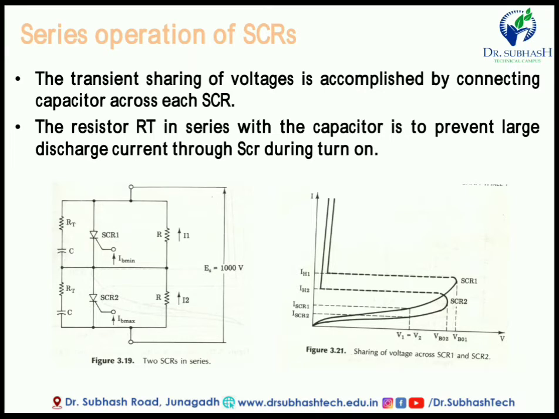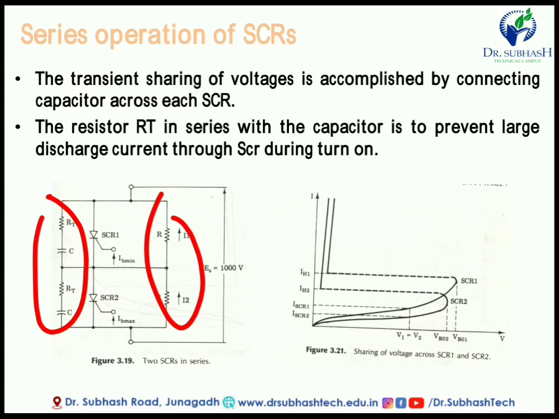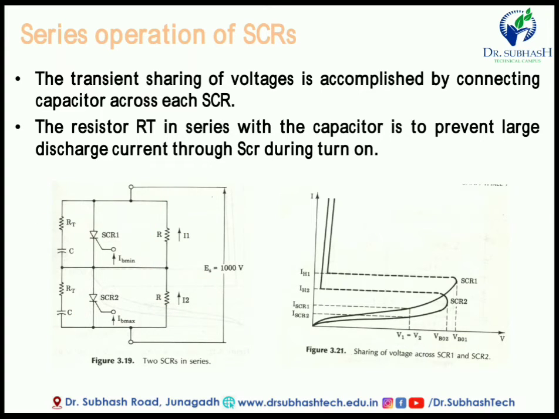If we connect only the SCR, the high current flowing through it damages the SCR, and for that we connect some resistor and capacitor for charging, discharging and to limit the current. So these are all for protection, and this is the series connection of the SCR.